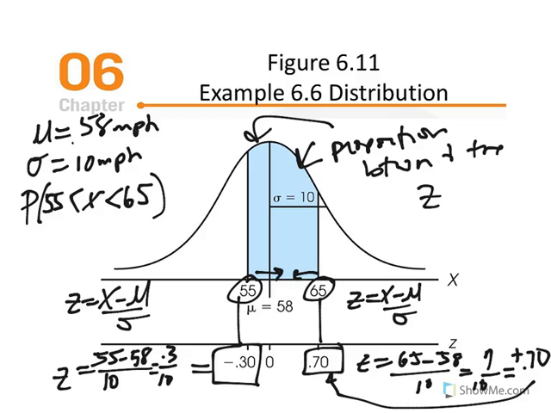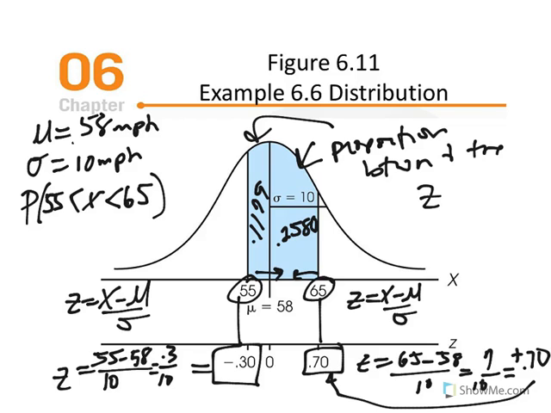So we found that this proportion here was equal to, for a z-score of 0.7, this was 0.2580, and this was the z-score of -0.3, corresponded to an area between the mean and z of 0.1179.